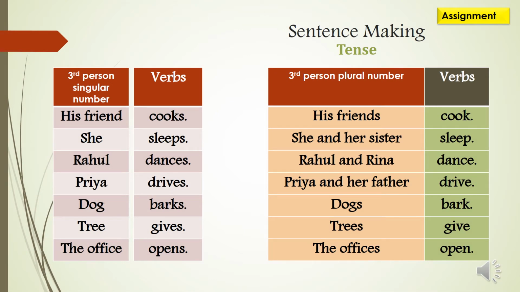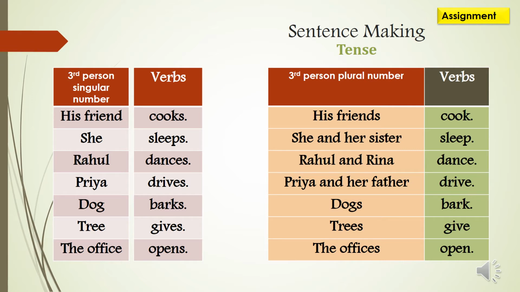An attempt to make the use of third person a bit more clear. Look, I have made 4 columns and 2 columns are of third persons. Yes, one is of third person singular number and the other is of third person plural number. Look at the pattern. I have used the verbs beside these 2 columns. Look, his friend. His friend means one friend only. So this is singular number and this is third person.